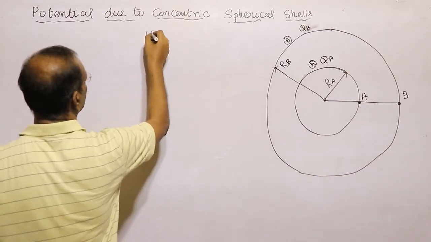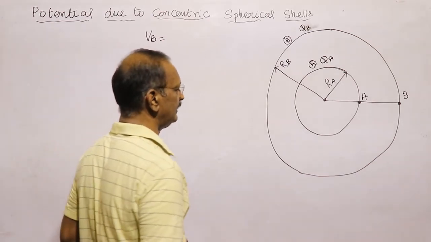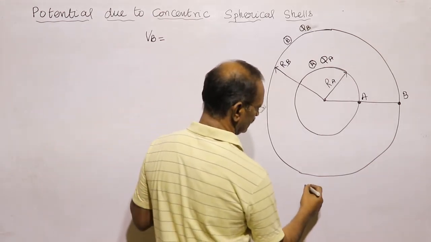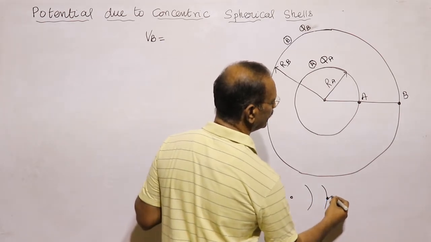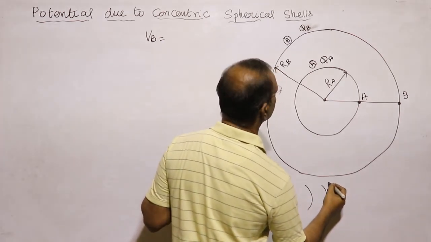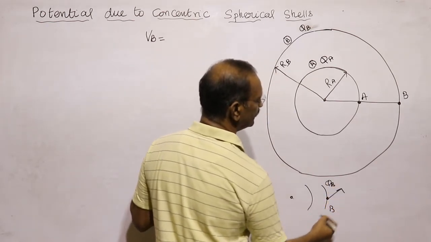So potential at B. Already there is one shell here, and one shell here. At B we want to find out the potential; it has a charge of QB on the surface of the shell.